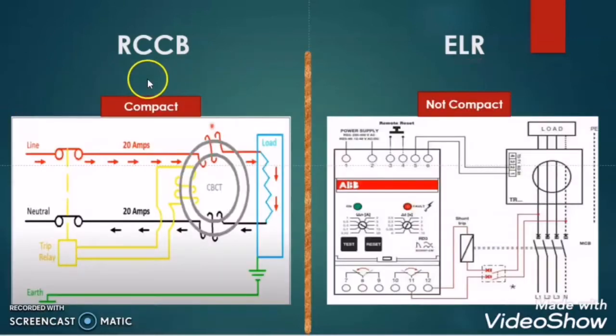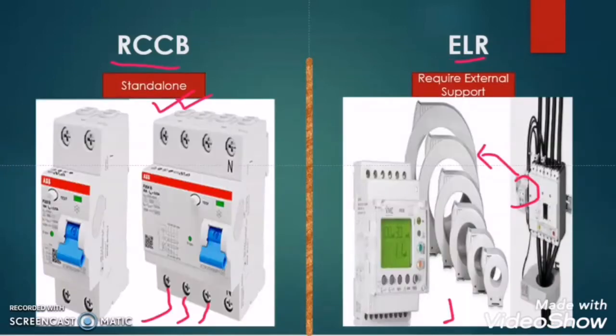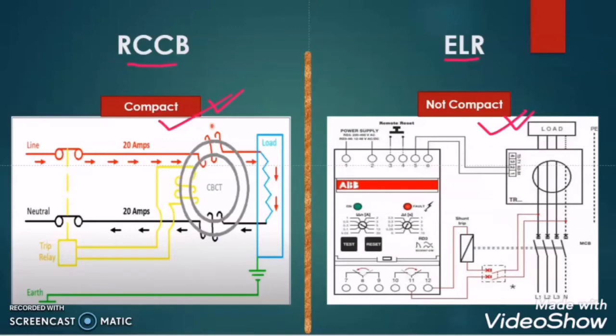The second difference is that the RCCB is compact, but the ELR is not compact. As is clear from our first difference, everything is inside the RCCB to sense the fault and trip itself, so it is a compact device. But the ELR uses an external device to trip itself, so the ELR is not a compact device. Very clear, right?